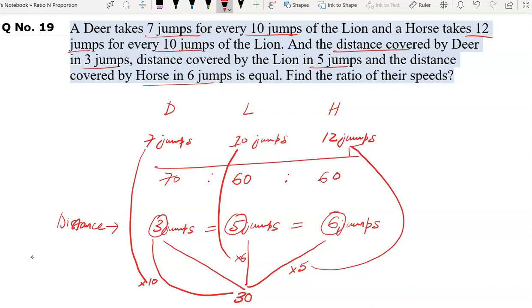So this is the ratio of their speed. So if the answer is 70 is to 60 is to 60, then we will go for it. Or if the answer is given in a smaller form, we can also minimize this. We can cancel 0 and the ratio will be 7:6:6, and this is our answer.